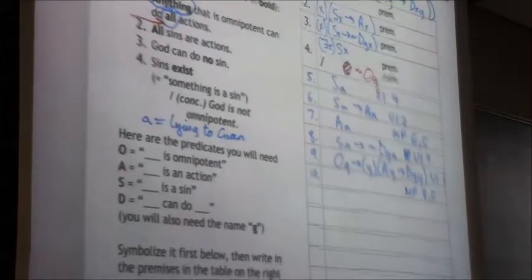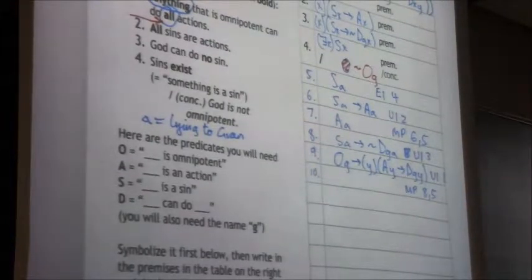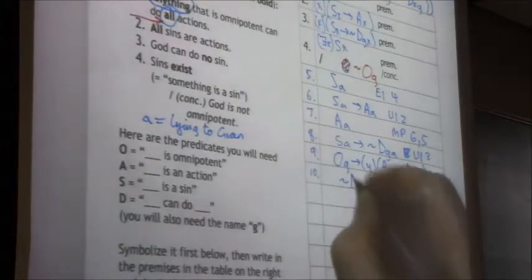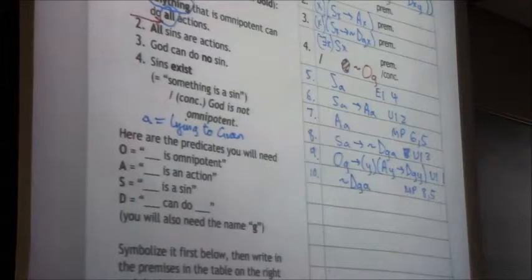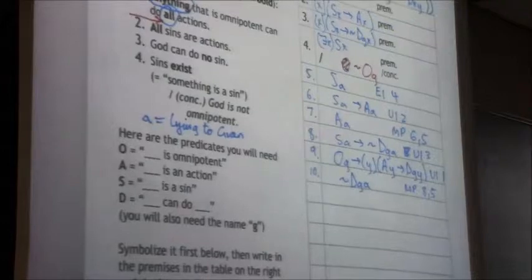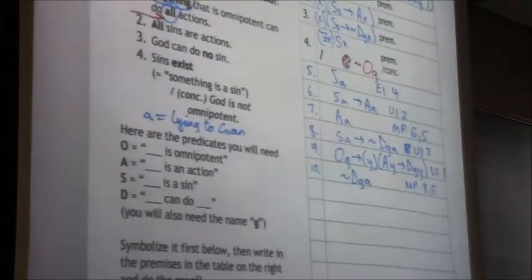Which gives us what? It would be tilde 3, little d, and then 8. What does that mean? God cannot do lying to your granny. Yes, God can't. Lying to your granny is something God cannot do.